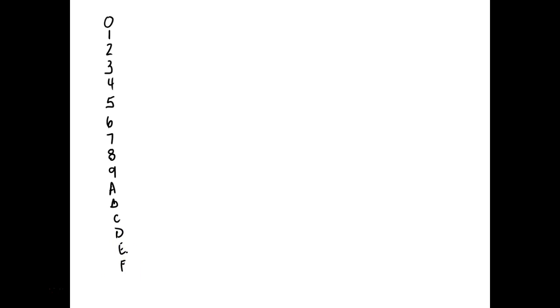Now, if I can come up with a certain number of binary bits that gives me exactly 16 combinations, then we can represent each digit with 4 binary bits. So to calculate the number of combinations available under any base, we can take the base and raise it to the number of digits.